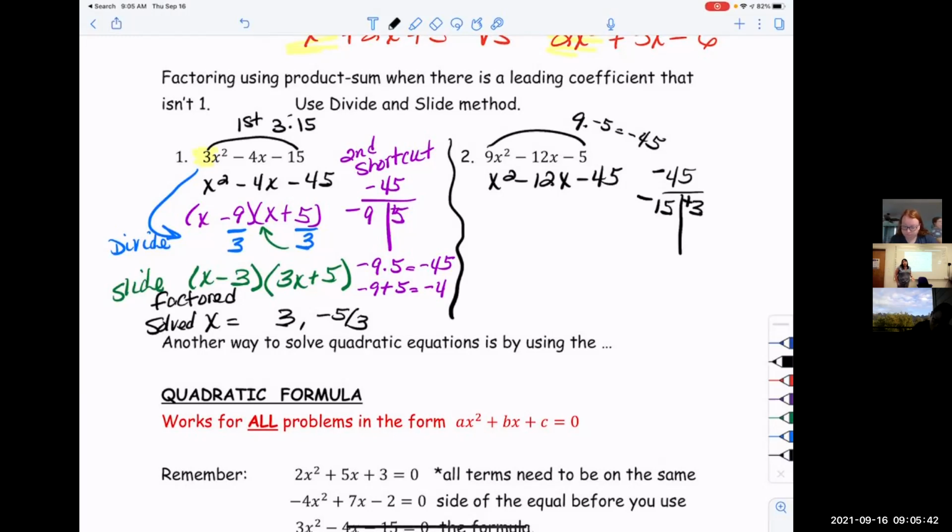All right, so you're going for your parentheses, and then it's time for the divide and slide. So what are we dividing by this time? 9. 9 is the leading coefficient.